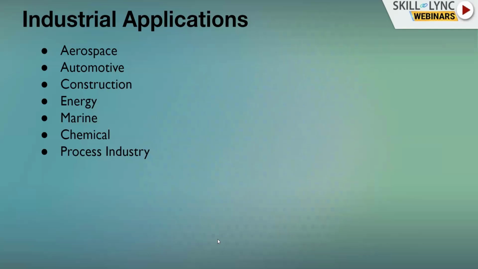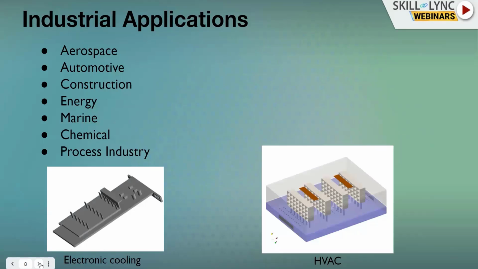So almost all the energy companies use CFD. And marine is the obvious one, shipbuilding and other marine applications, and the chemical and process industries, where they optimize the piping routes and the heat exchangers. So those kinds of things. So almost all the industries. Can you go to the next one quickly? Yeah. And one more, please.